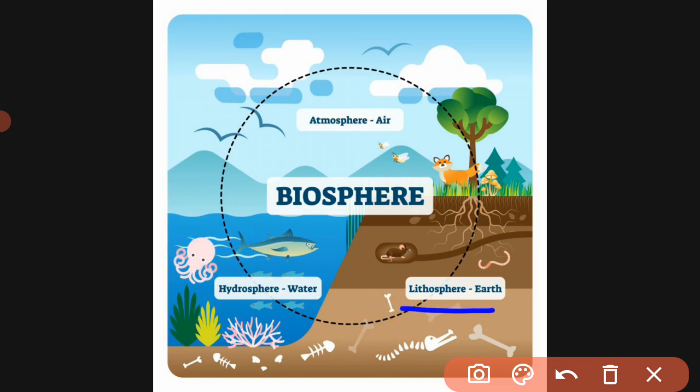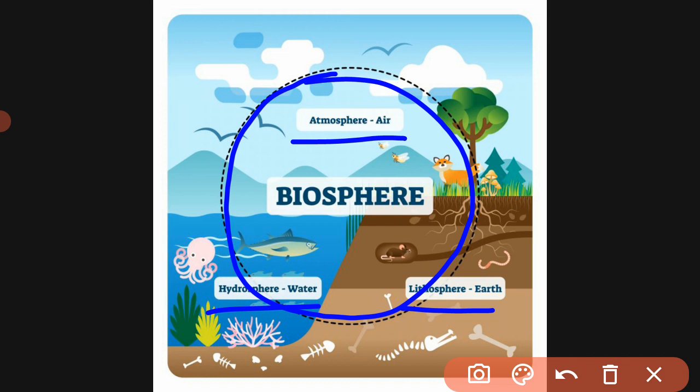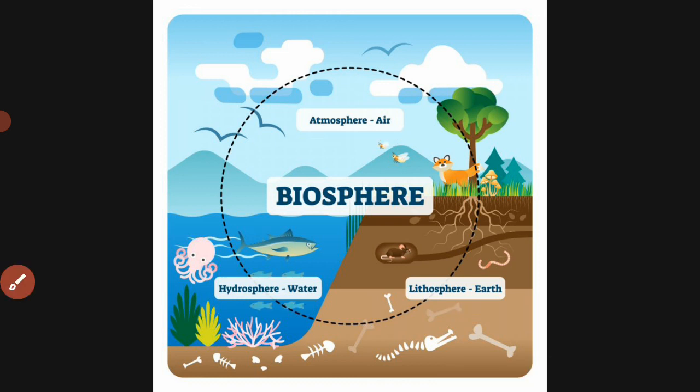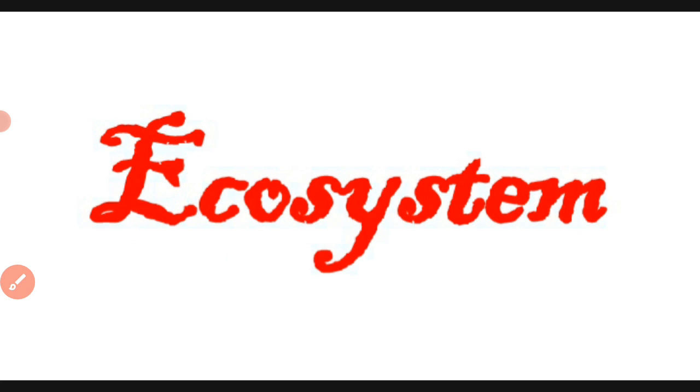First was the lithosphere, then the hydrosphere, then the atmosphere, and the narrow zone where the lithosphere, hydrosphere, and atmosphere meet and interact with each other is called the biosphere. So now let us continue on page number 5 with our next topic, that is the ecosystem.